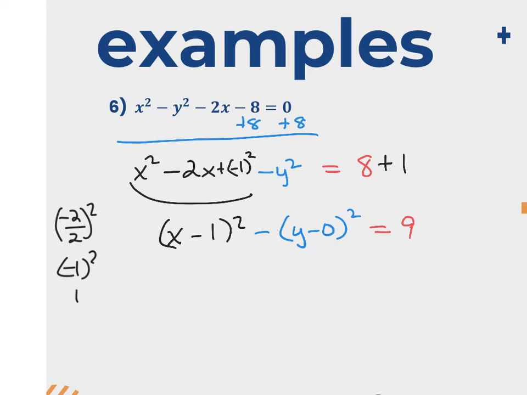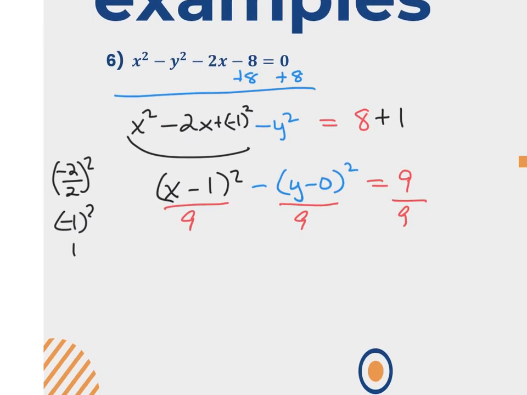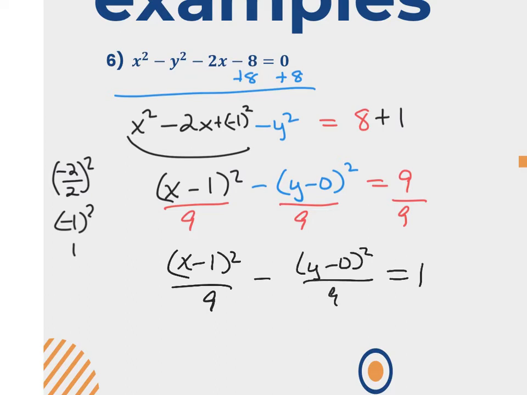Remember, we do not want to leave it equal to a number other than 1, so I have to divide everything by 9. So x minus 1 squared over 9 minus y minus 0 squared over 9 equals 1.